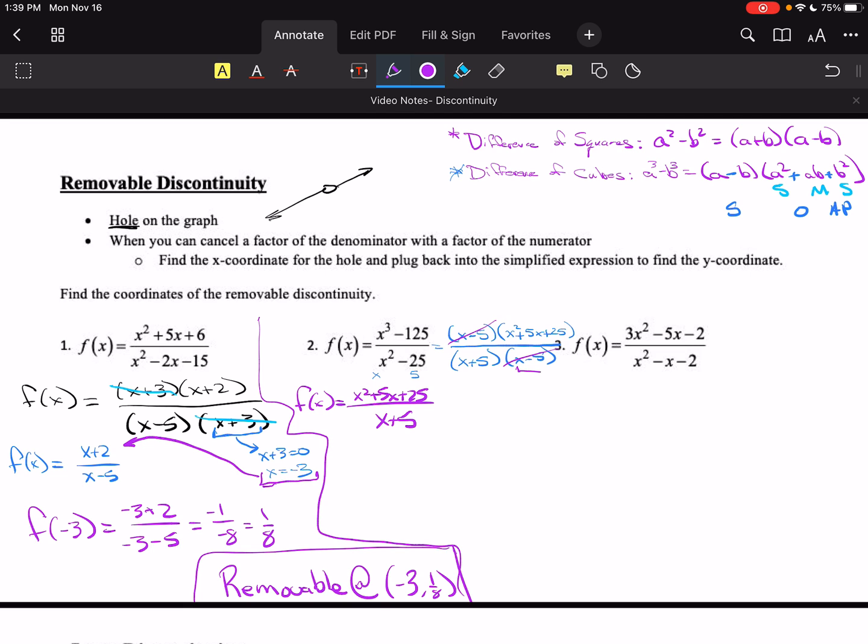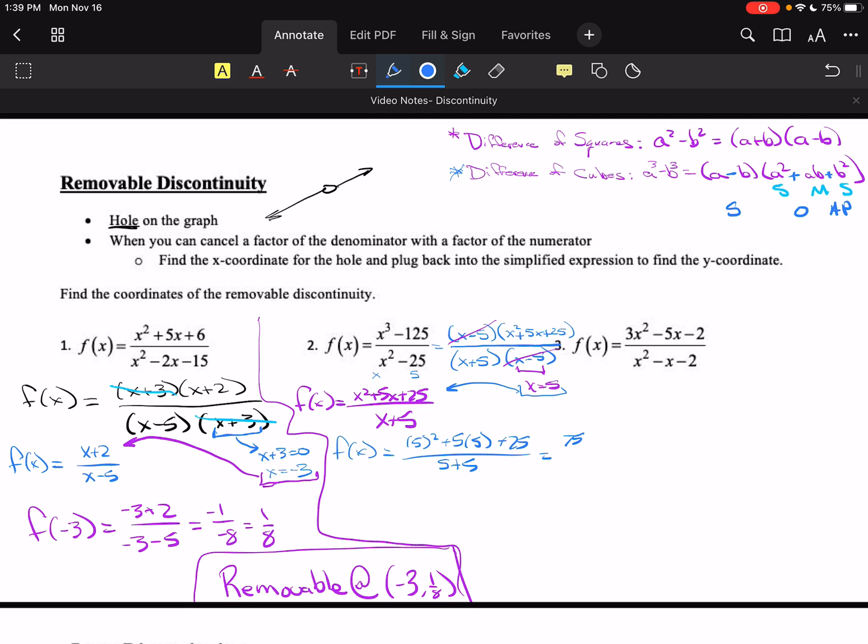So looking at what canceled, that's going to give me x equals 5. So plugging that thing in to my simplified function, I get 5 squared plus 5 times 5 plus 25 all over 5 plus 5. So we get 25 plus 25 plus 25.